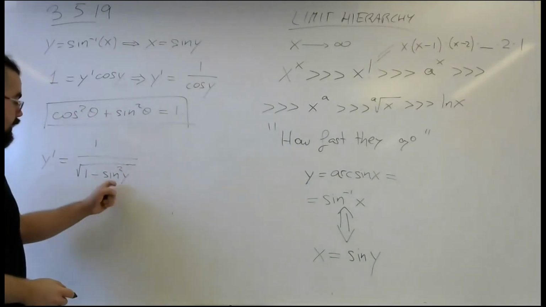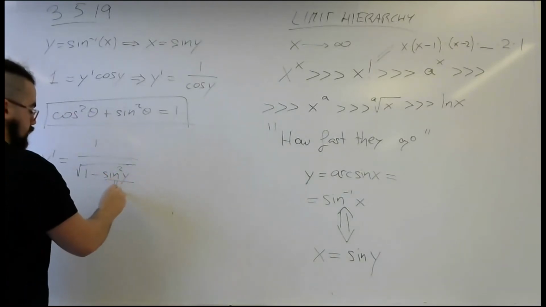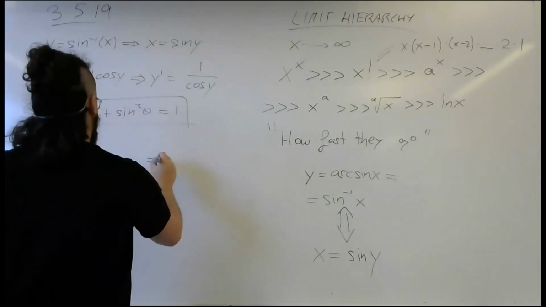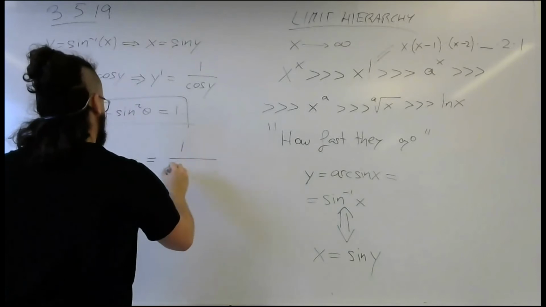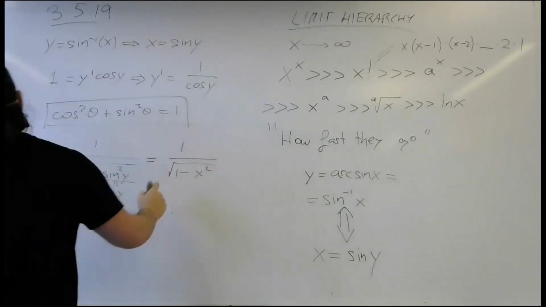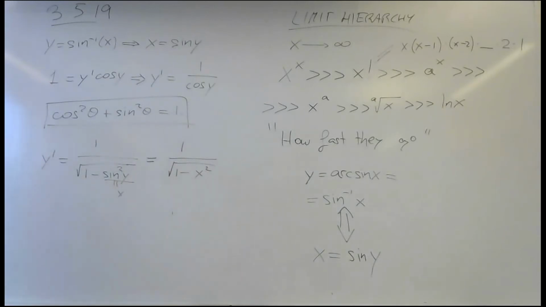And what is this? X. So yeah, the derivative of the arc sine is 1 over square root of 1 minus x squared.